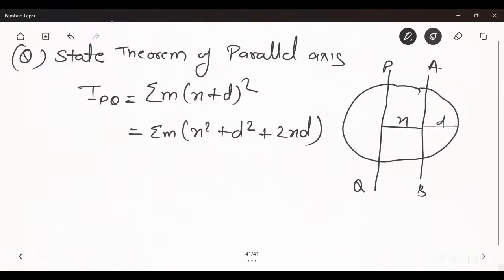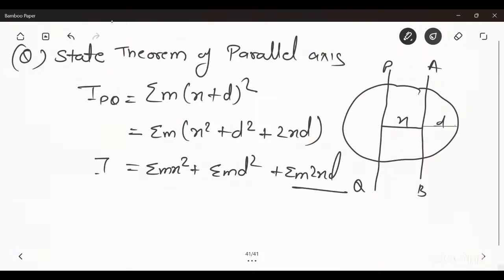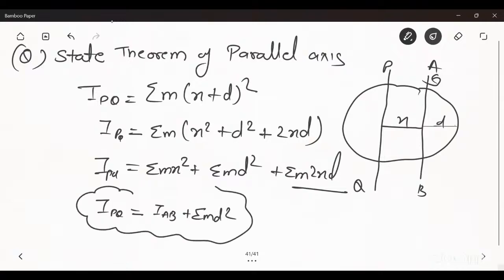Now if you multiply inside, you will get sigma m x square plus sigma m d square plus sigma m 2xd. You have to neglect that term. So IPQ is equal to sigma m x square, which is the moment of inertia of AB. So IPQ is equal to IAB plus sigma m d square, which will be the proof of the theorem of parallel axis.